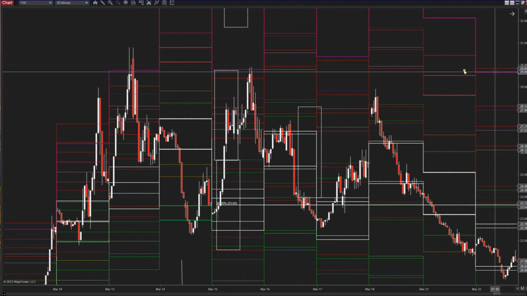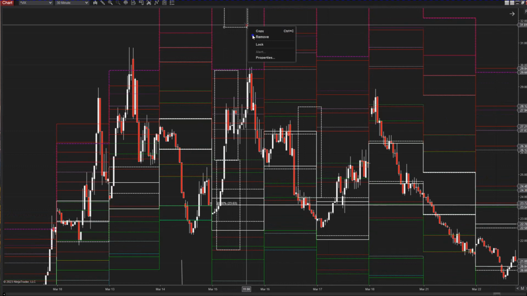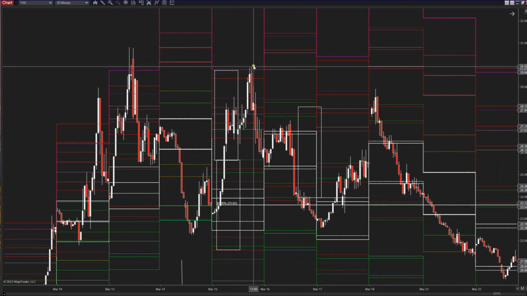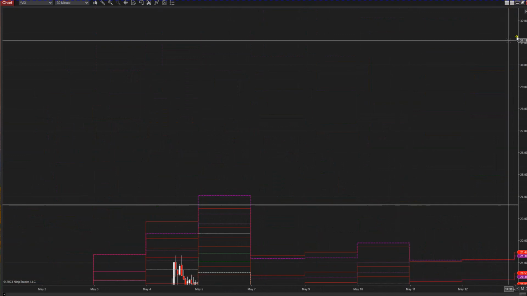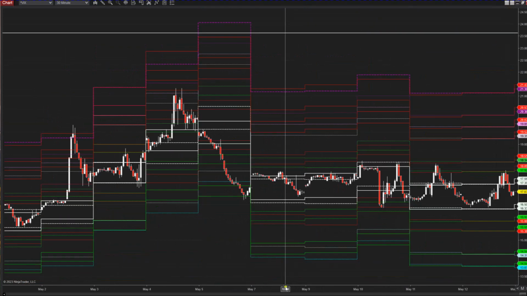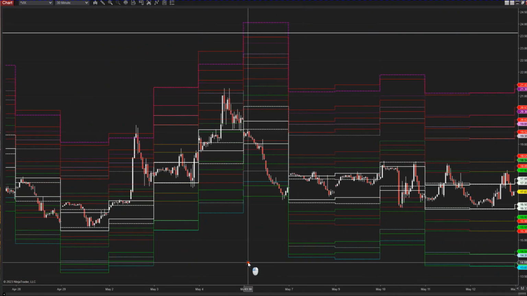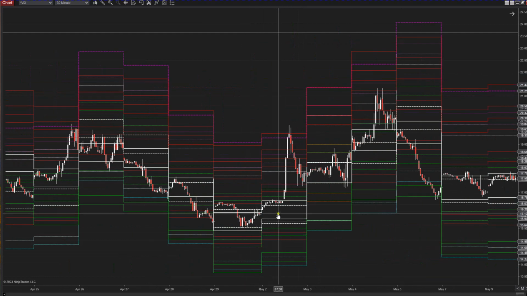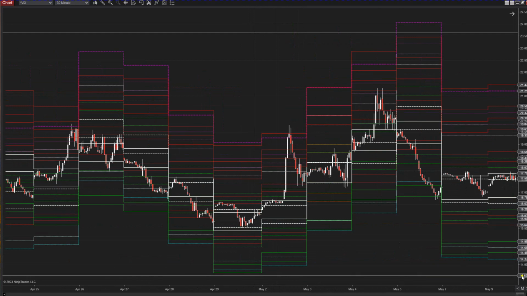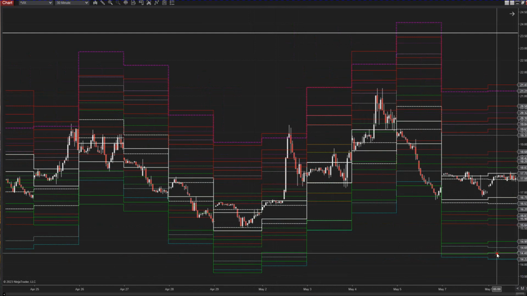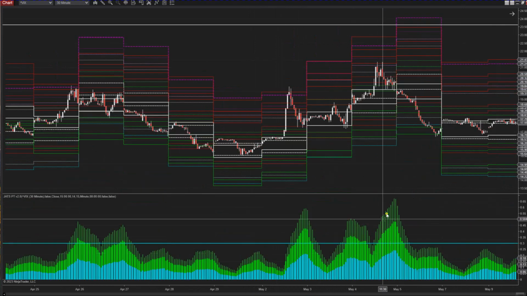So when you learn that you can measure these ranges with a certain degree of accuracy, then you can start preparing to trade volatility. So if volatility is low and falling versus volatility that is high and rising.